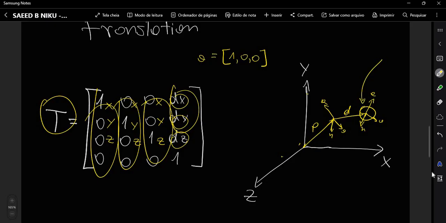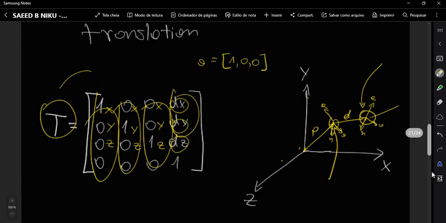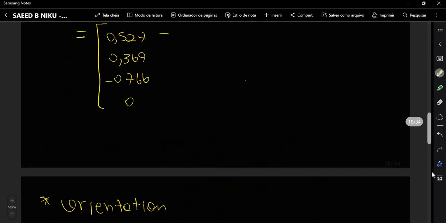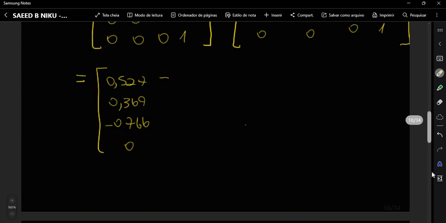The referential was first at this localization, and after the pure translation movement characterized by this matrix, which is a transformation of pure translation, we end at this localization, represented by this matrix.